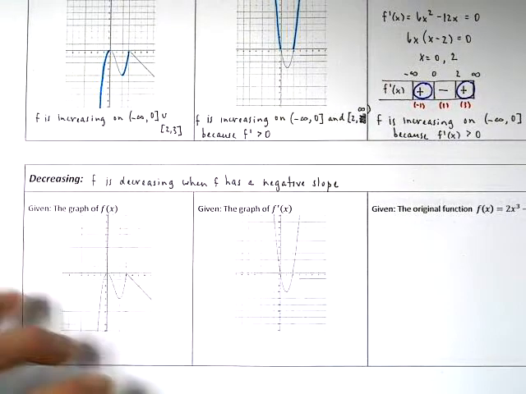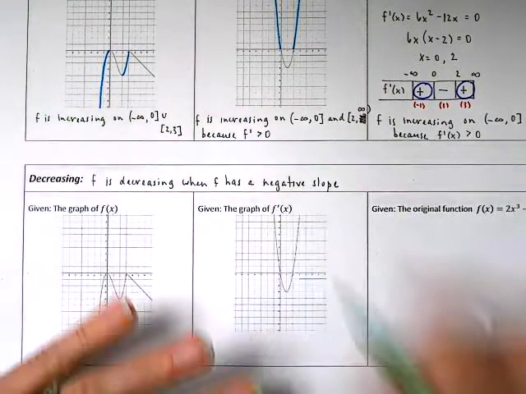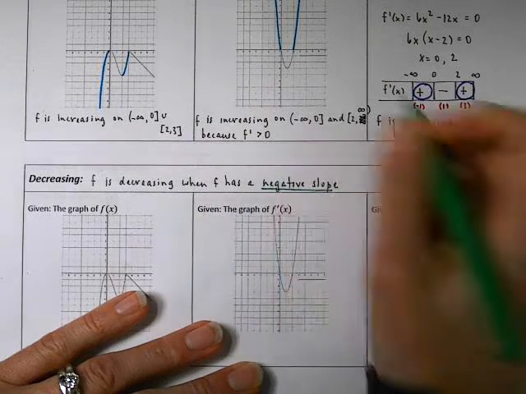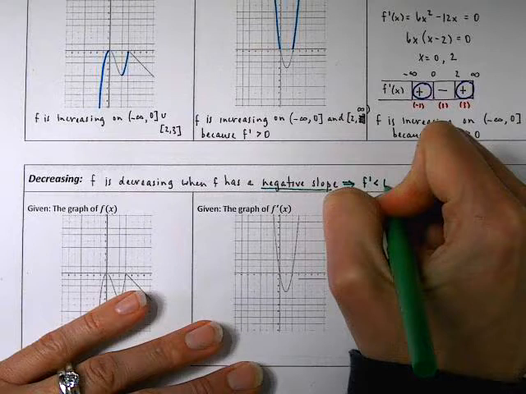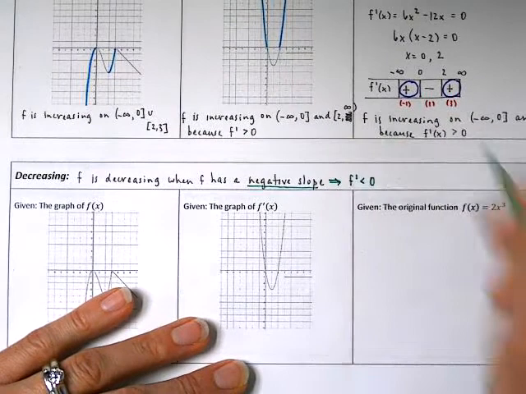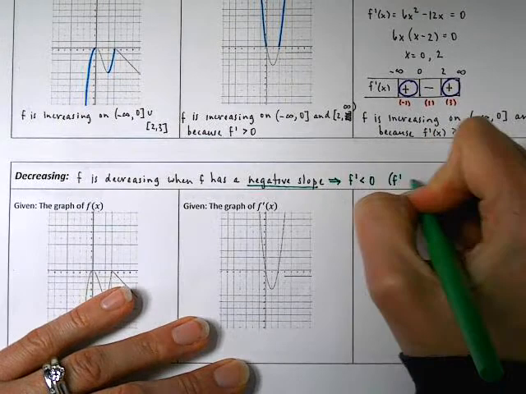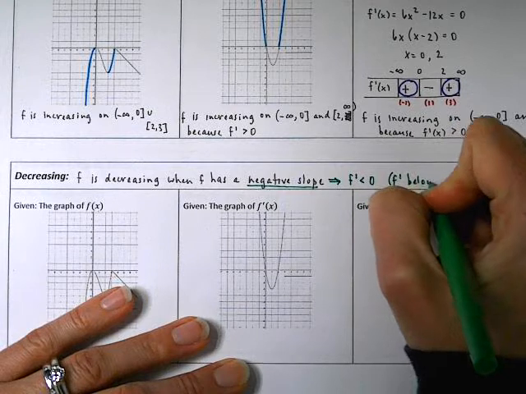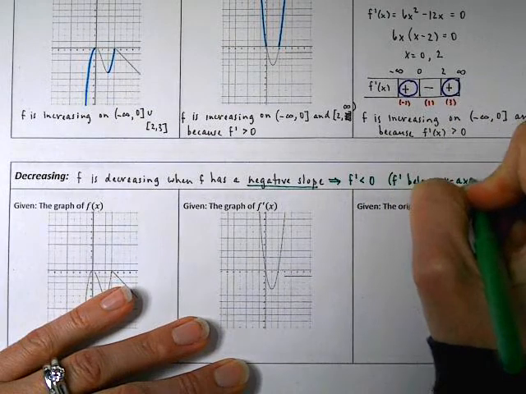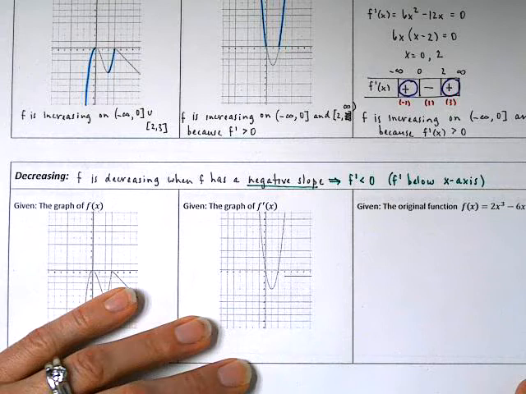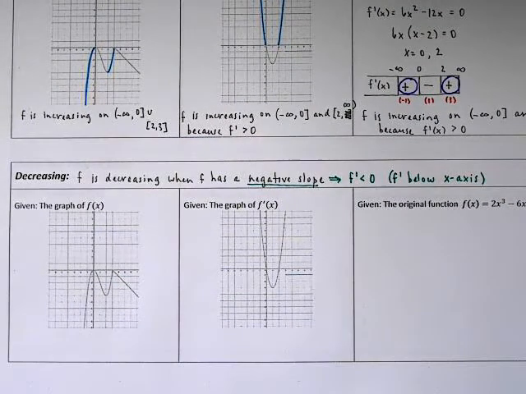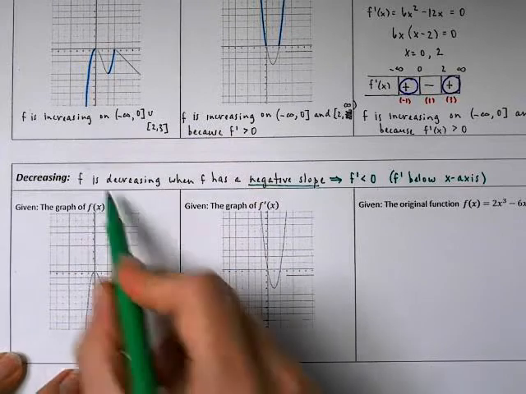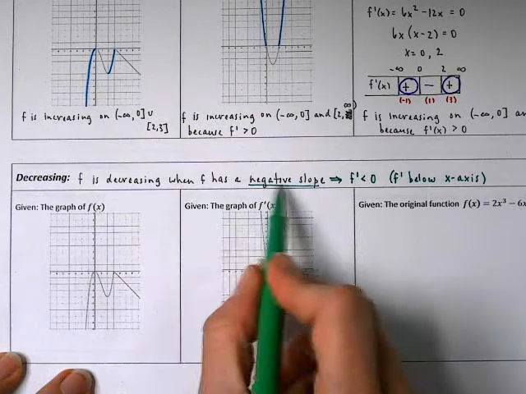Now the same idea applies. When we're talking about the slope, we're actually talking about that derivative. So now it's when f prime is less than 0, or where f prime is below the x-axis. So if I am given the graph of f, I need to know where f has a negative slope.